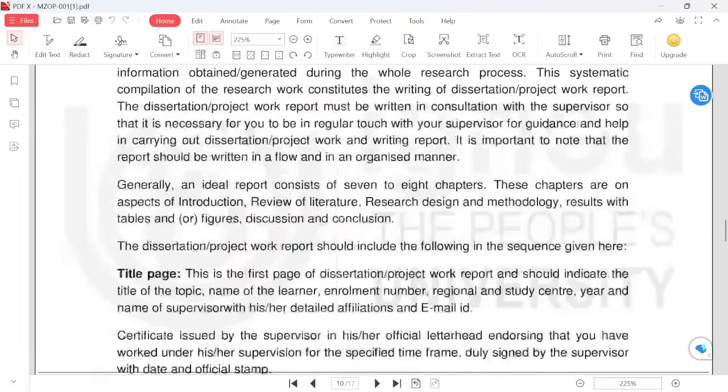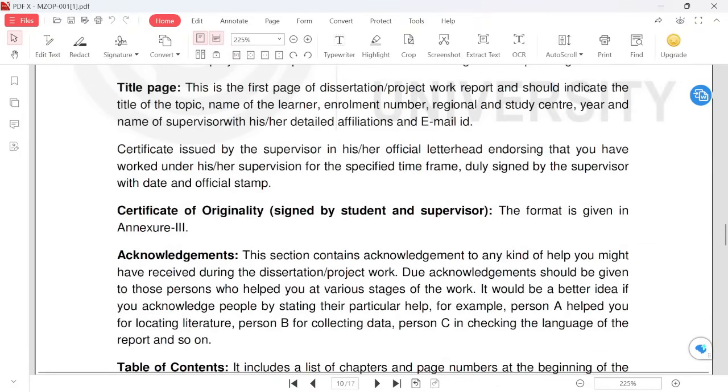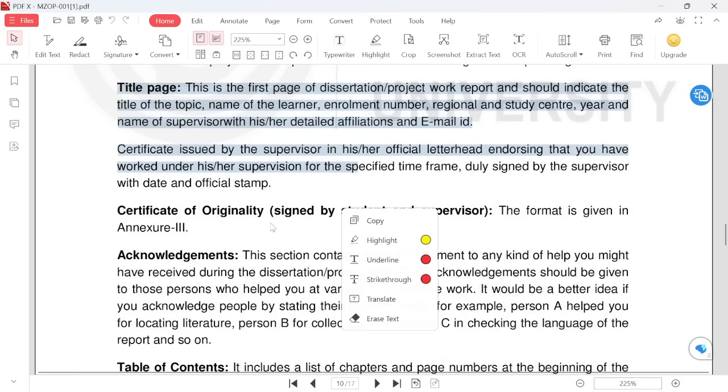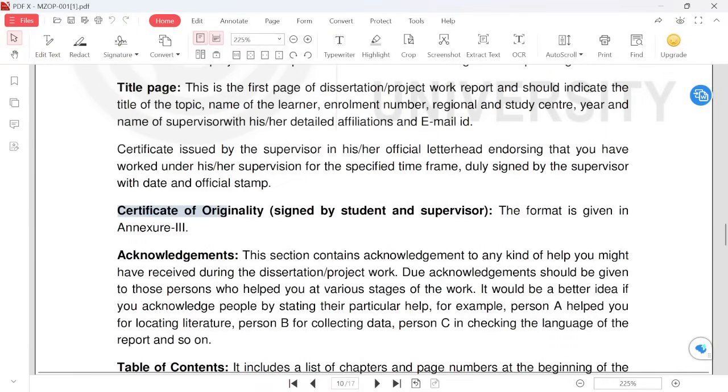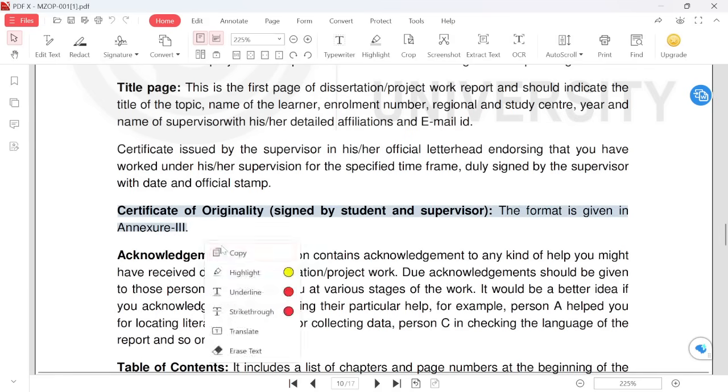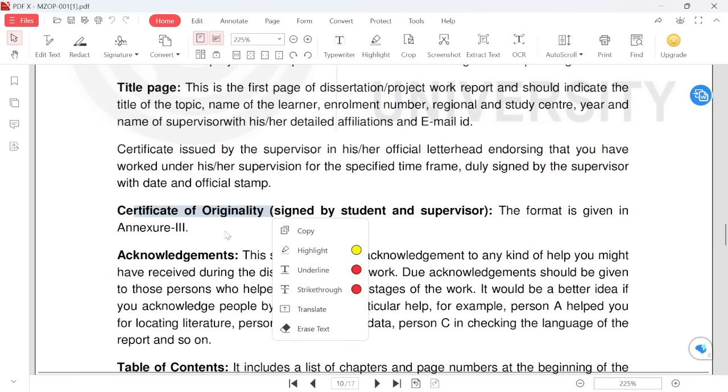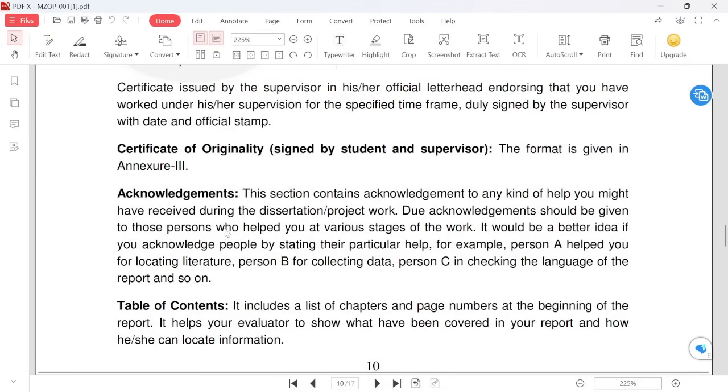Here we are talking about what components your dissertation must have. The first page of your project work will be the title page. The second one is the certificate of originality. This is annexure 3 given at the bottom of this guideline, and you have to attach it in your project report at the second place.